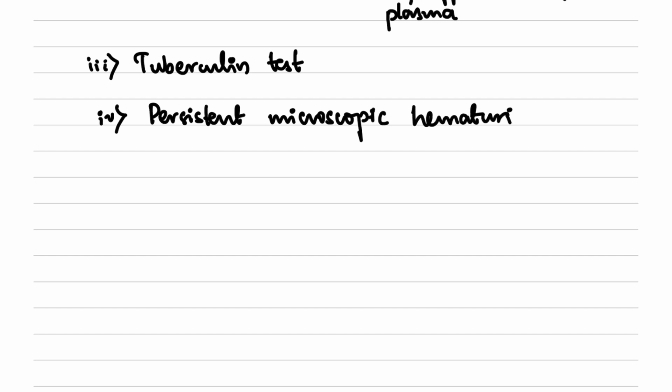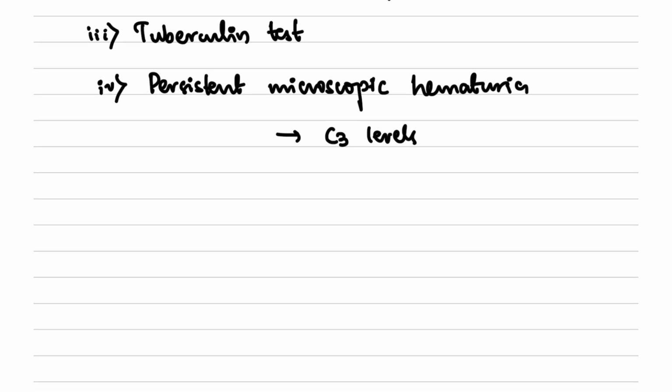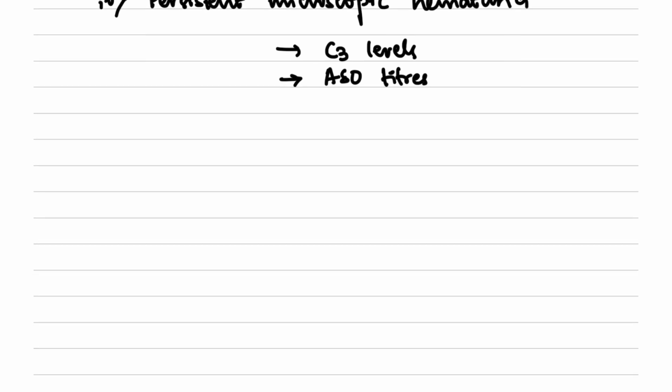The fourth investigation we can do is, if the patient has persistent microscopic hematuria, we can look for complement 3 levels in the blood. If they are reduced, it indicates that they are depositing in the glomerulus. We can also look for ASO titers, that is anti-streptolysin titers, which indicate the infection of PSGN.